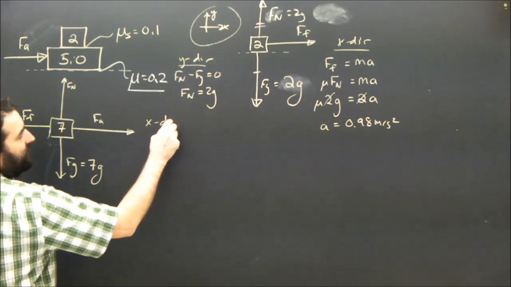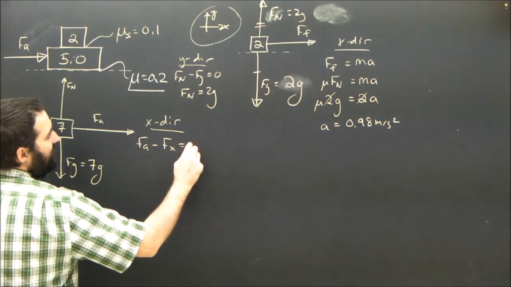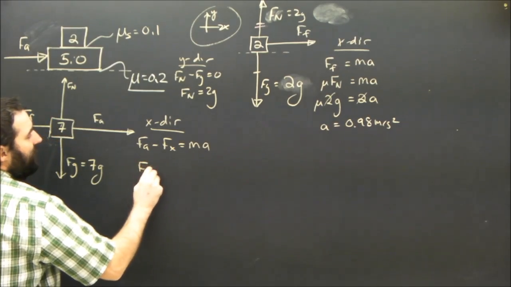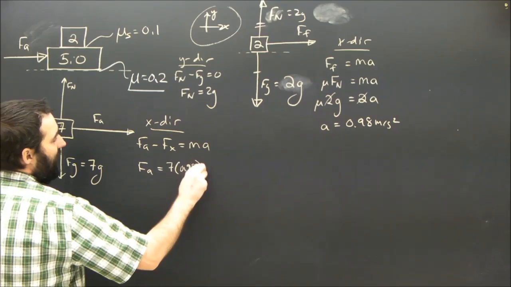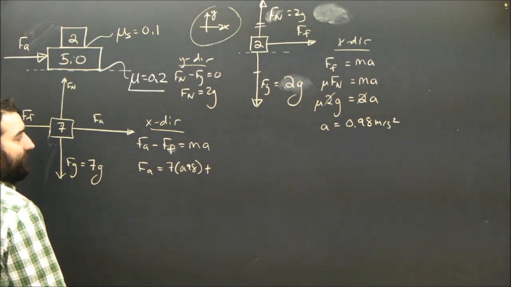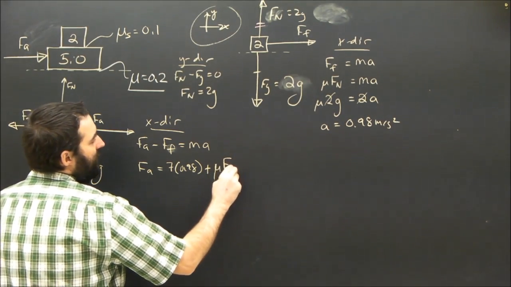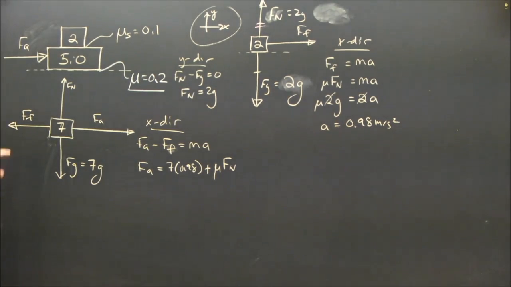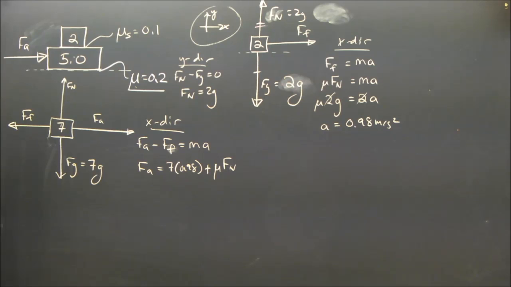So in the x direction, our equation would say Fa minus Ff equals ma. And the applied force would be equal to 7 times 0.98 plus Ff, which is mu Fn.